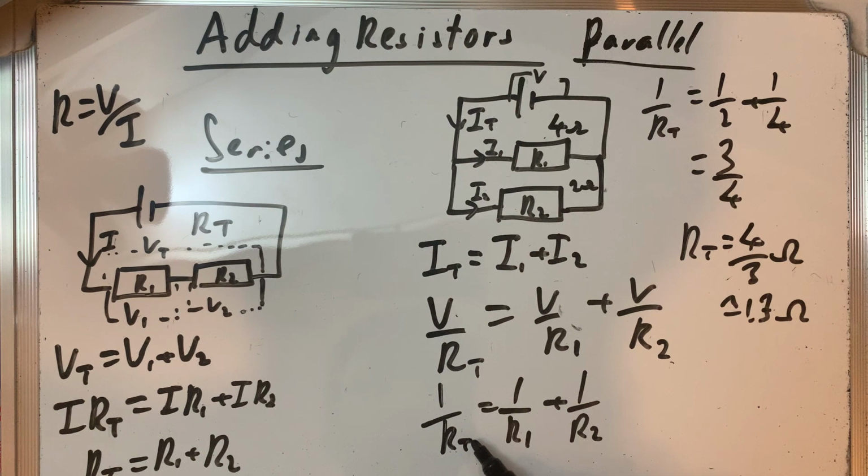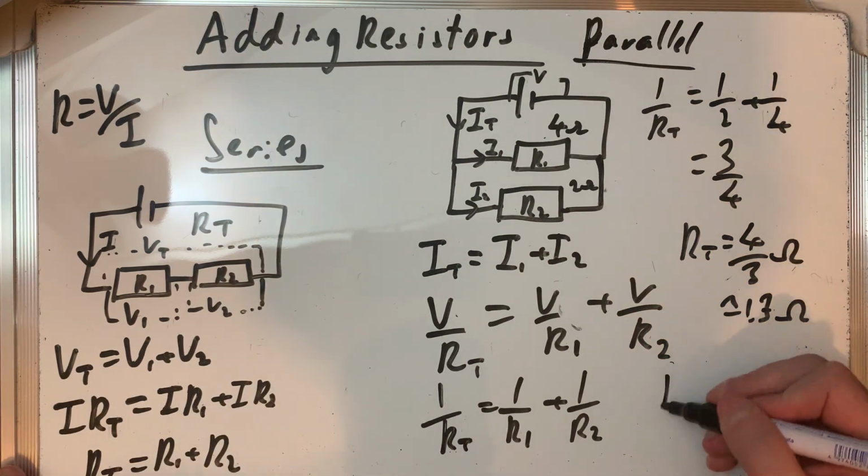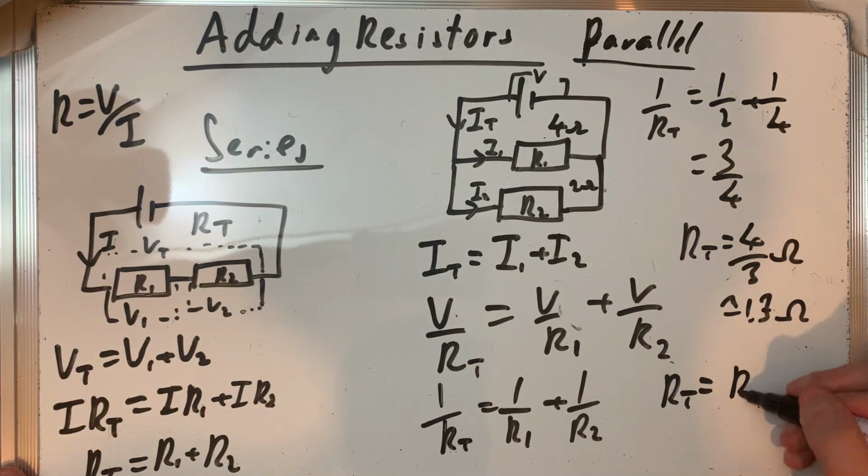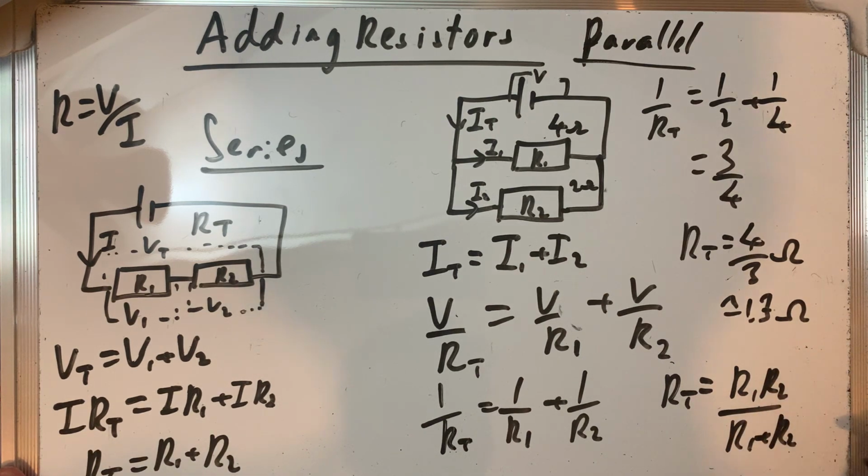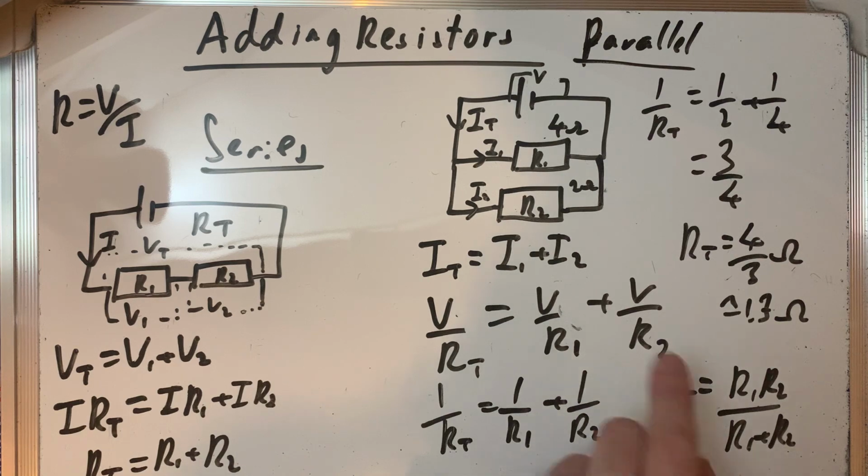You could write this, of course, as RT is equal to R1 R2 over R1 plus R2 if you wanted. That would be 2 times 4, so that's 8 over 6, that would work. Just rearranging this. And then you would never forget to take the reciprocal at the end.